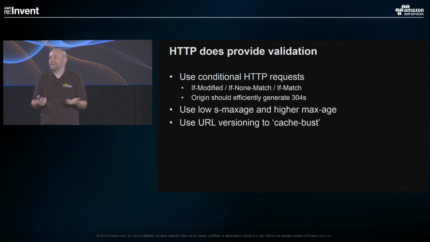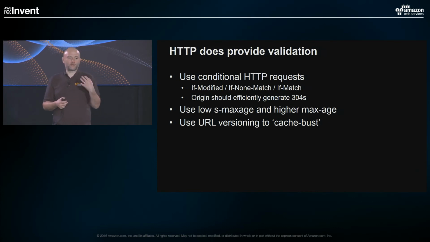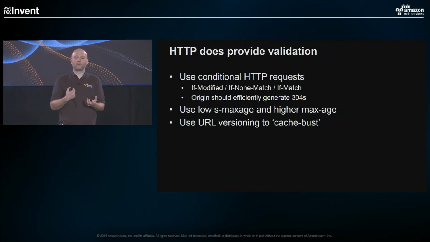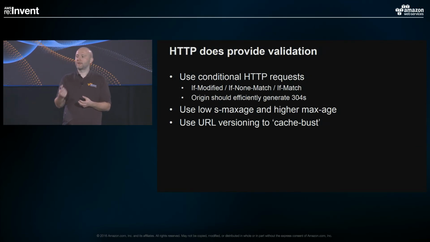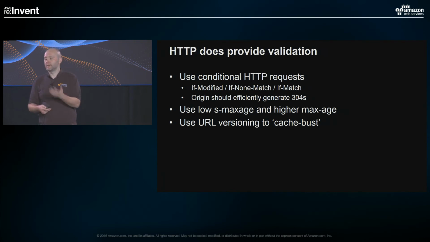Maybe they've already downloaded it. It doesn't really matter. But you maybe want to make sure that any new users coming to your content get the latest version. So if you set a lower s-maxage, it means that CloudFront will more often go back to validate with the origin, but your end users will keep that content a little bit longer. It helps you reduce the cost on CloudFront because obviously they're going to use that content before they come back to CloudFront to get the latest version.